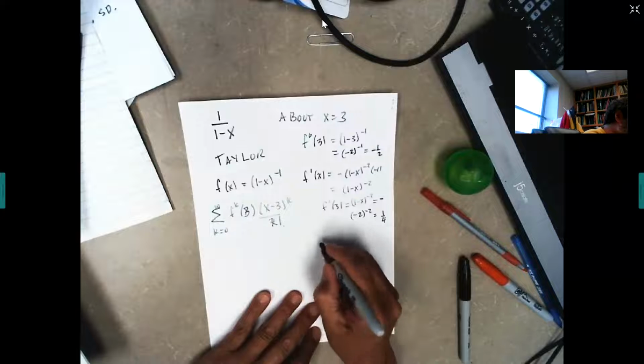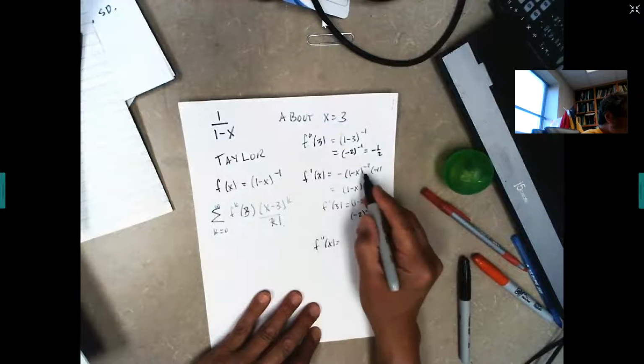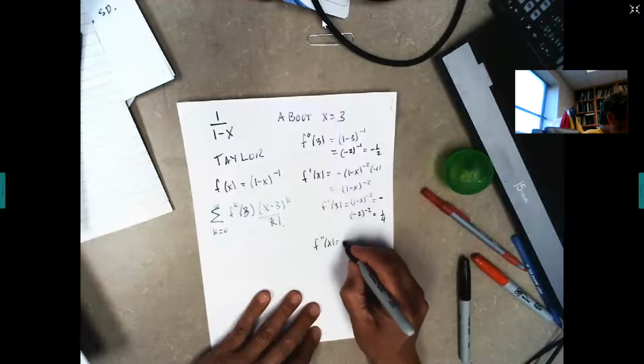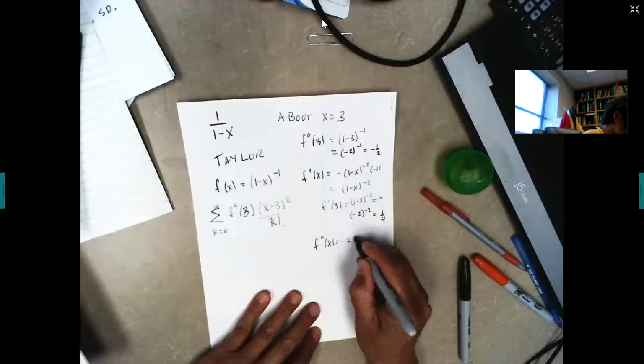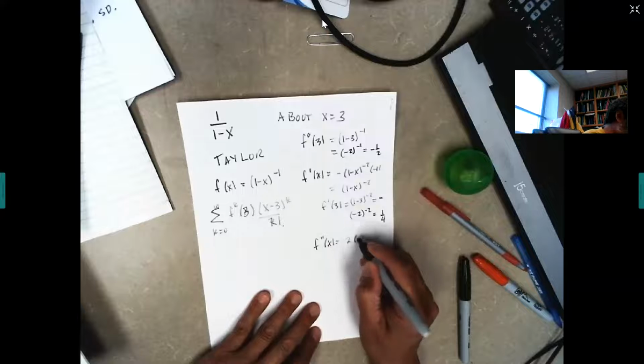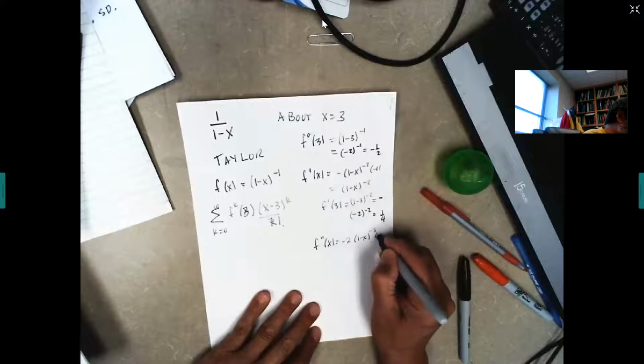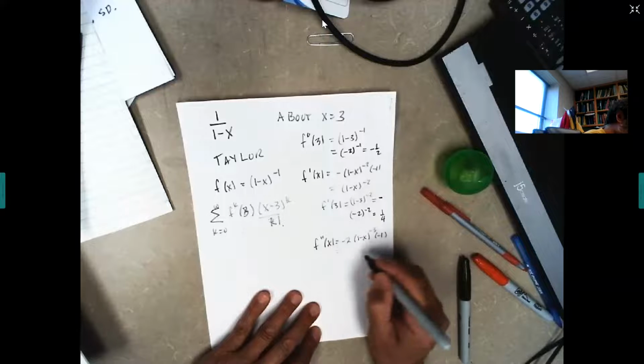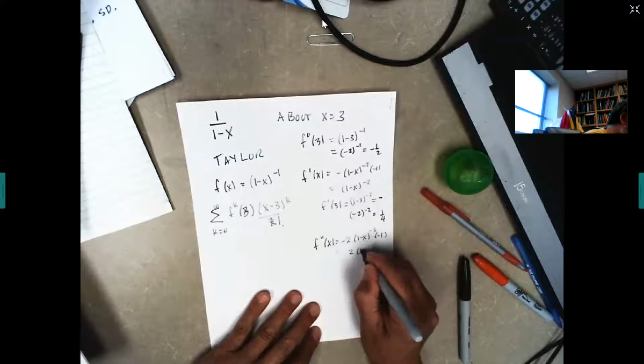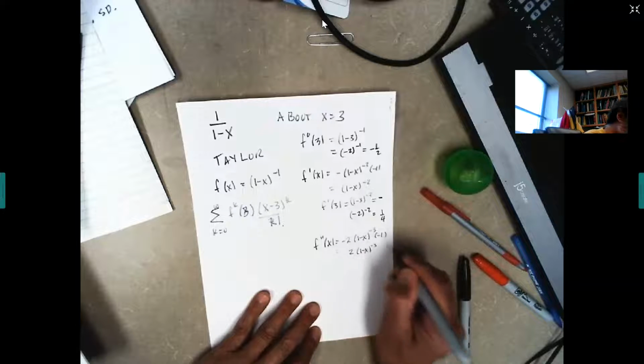Now the fun starts. The second derivative. Negative 2 comes down, 1 minus x to the minus 3 times the negative 1, which works out to be 2 times 1 minus x to the minus 3.